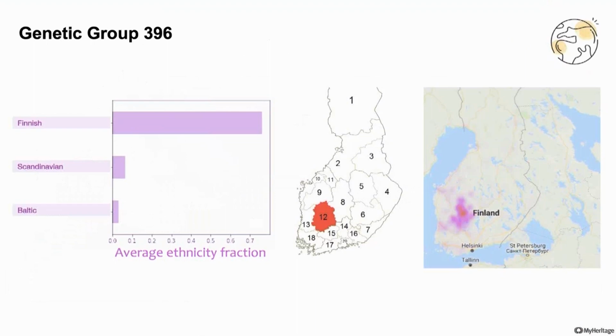We see that the majority of them are Finnish in ethnicity, but when we look at the historical events where the birth and death facts took place, we can see that it's pointing to a specific location in Finland. So now we can tell about this group that, when we looked at their ancestors in their trees, we saw that it's pointing to that region. So I can tell these people now, not only that you're Finnish, you also have ancestral roots in District 12, for example, in Finland, which is great.